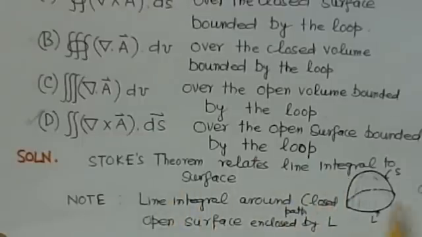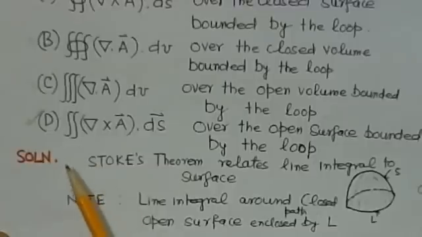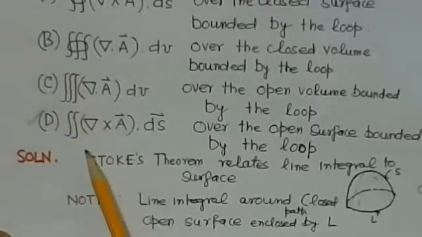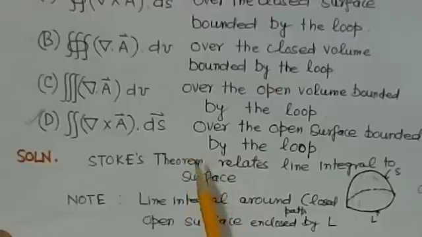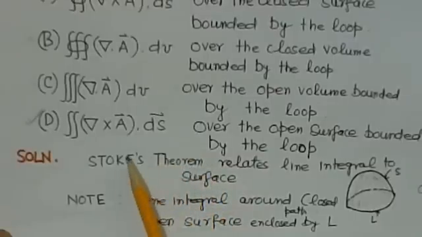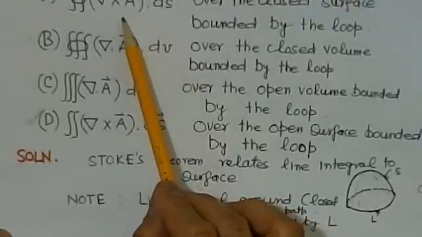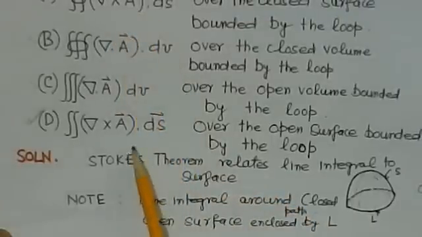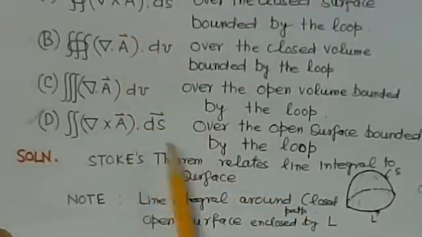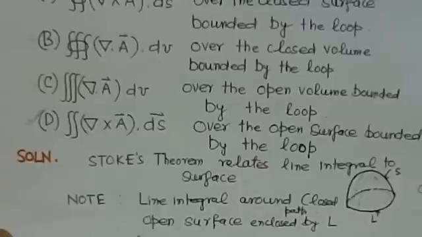So Stokes theorem relates line integral to the surface integral. If I look at option D, this is del cross A ds. Option A also has del cross A ds, and option D is also there. We have to see which is the right option.